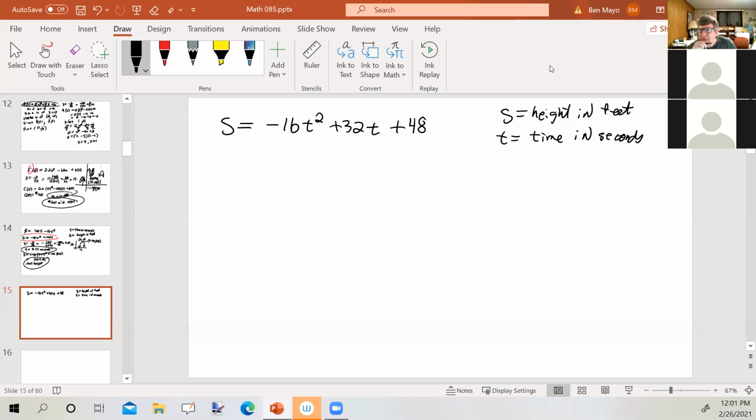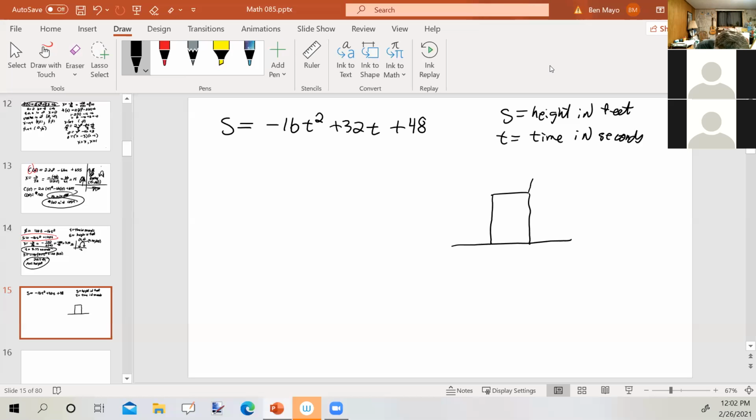Let me ask you this. How high is a ball when it hits the ground? Anybody? Wouldn't it be 0? Well, something to think about. All right, let's draw a picture of this situation.